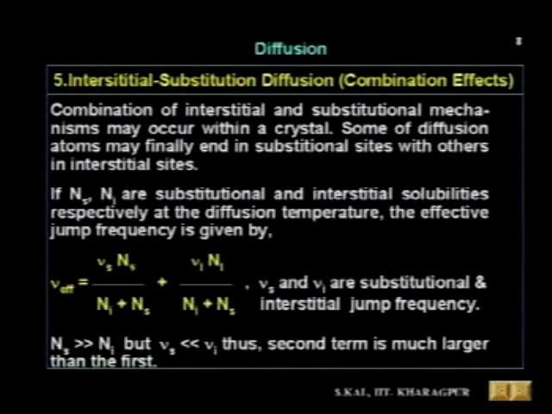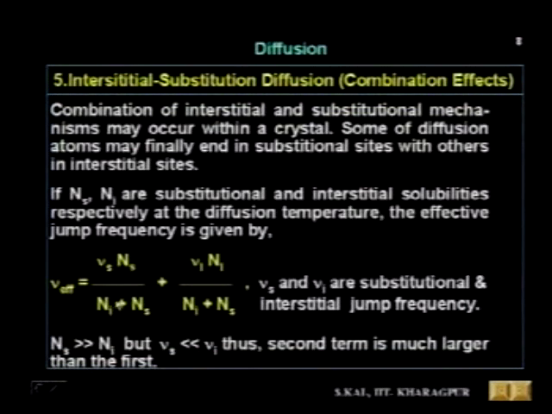So that is known as the solid solubility limit, and the effective jumping frequency is given by this expression. Normally, Ns is large compared to Ni, but nu S is small compared to nu I. Because of these inequalities of Ns, Ni and nu S, nu I, the second term is much larger than the first term.